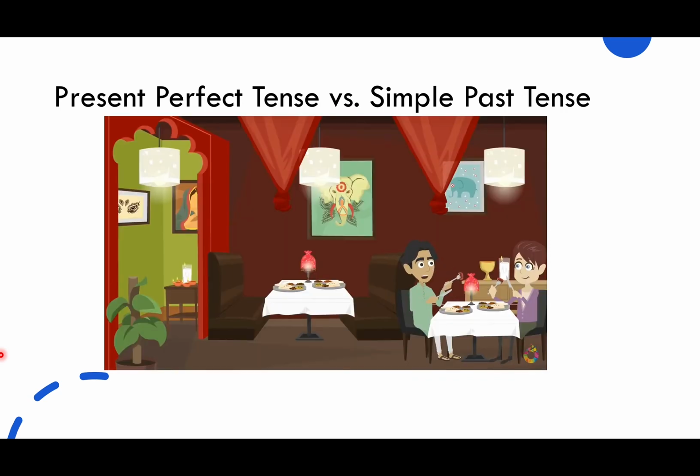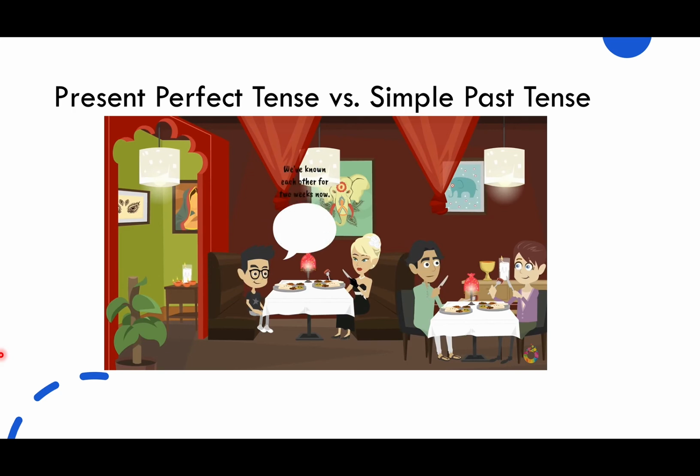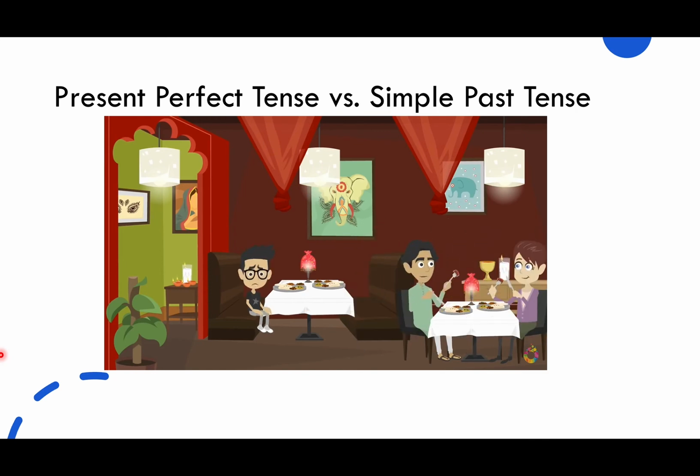And finally, the third function of the present perfect simple is talking about unfinished states. Just remember, we use for a period of time.